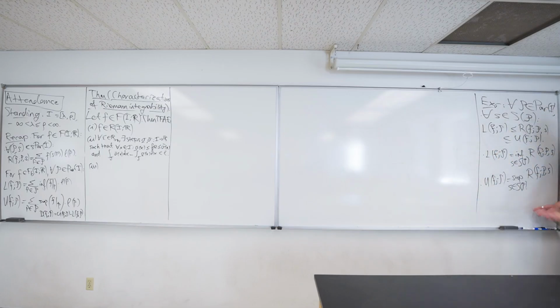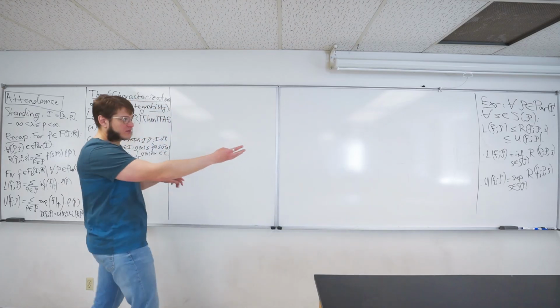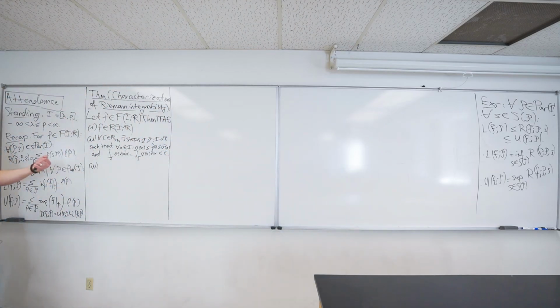Like I said, I realize these kind of things look scary, but ultimately the way you prove these kind of things is nothing more than just opening up the definition of the inf and sup, whatever.